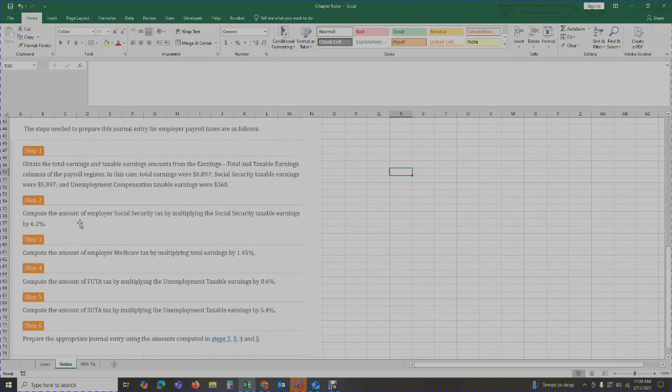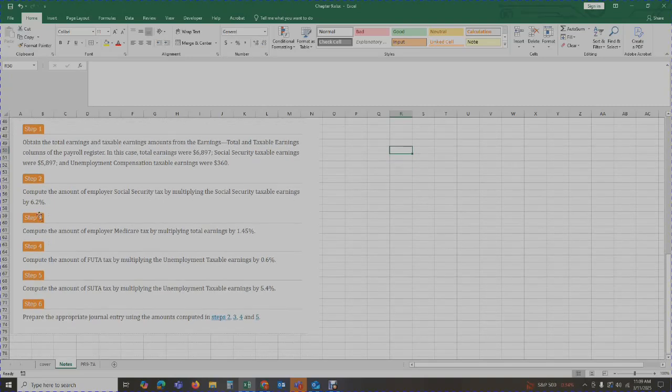Step 2, we're going to compute the amount of the employer's Social Security tax by multiplying the Social Security taxable earnings by the rate of 6.2%. Step number 3, we're going to compute the amount of the employer Medicare tax by multiplying the total earnings by 1.45%. So you see the difference between step 2 and 3?